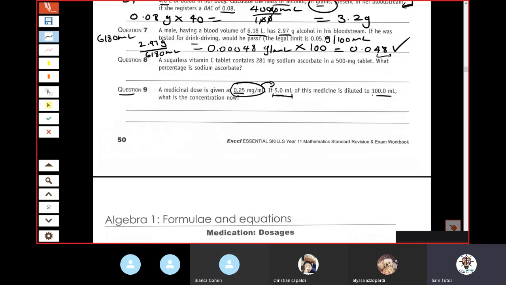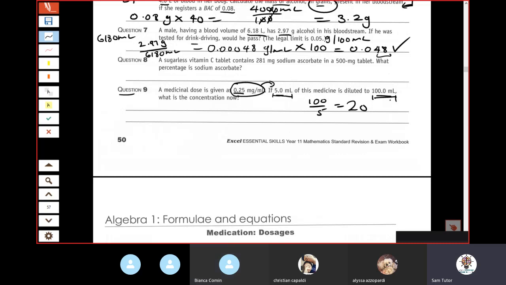Now it's getting diluted to 100 mils. So the size is increased by 100 divided by 5, which is of course 20. So your new concentration level is 20 times more than the original case. So this was for a smaller one.